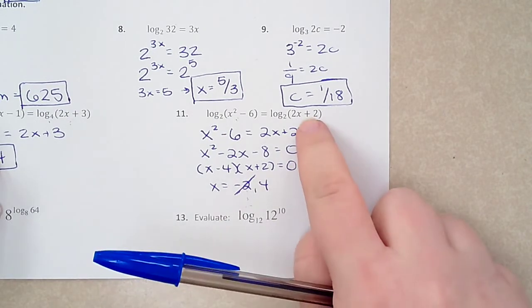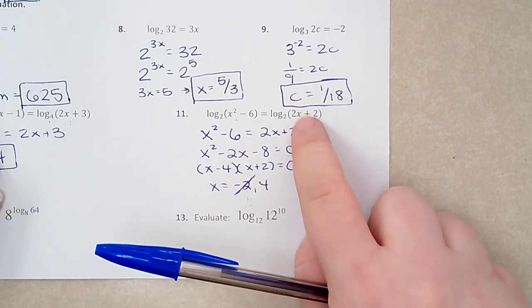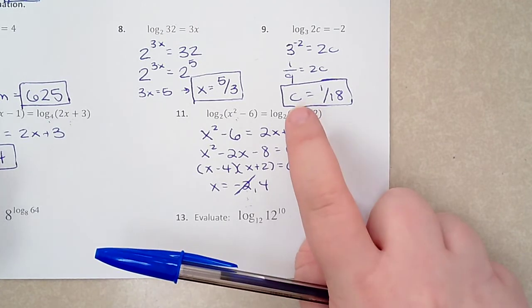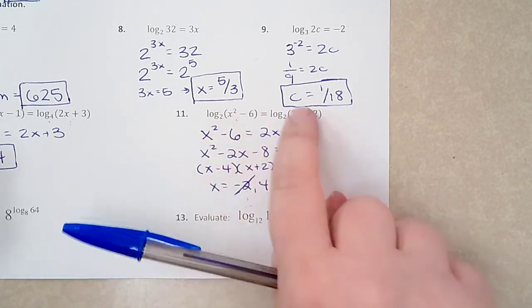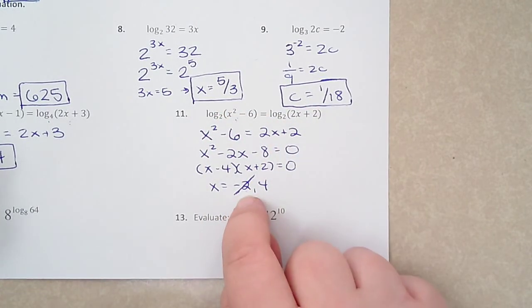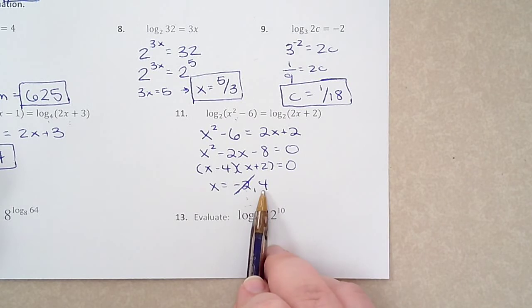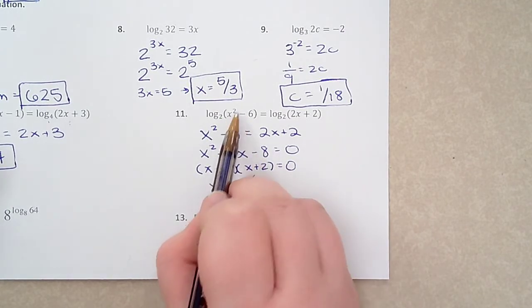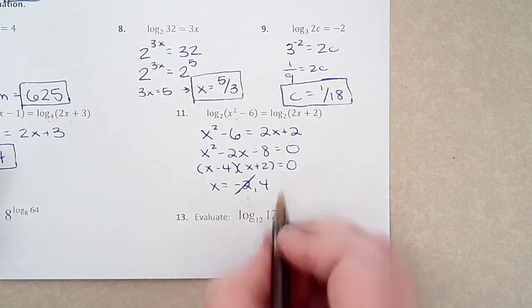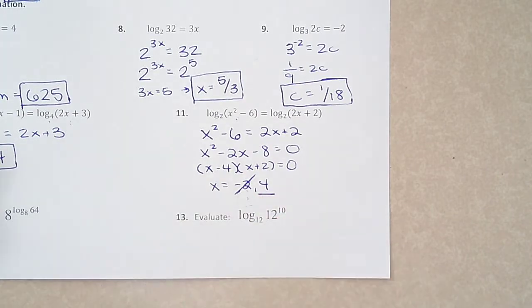Even if it works in one, which it won't because this will end up being negative 2 as well, it will not work in the other. And it'll never work in either of them if you end up having a negative inside of your parentheses. Let's double check to make sure that 4 works though. 4 squared is 16, minus 6 is 10. So 4 is an okay answer.